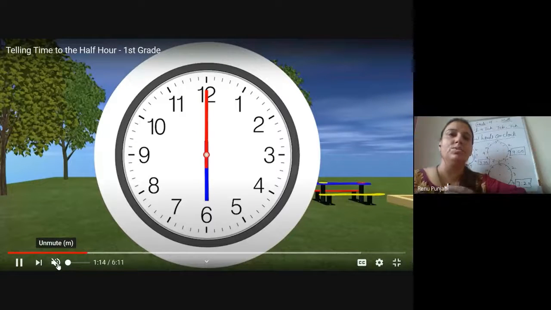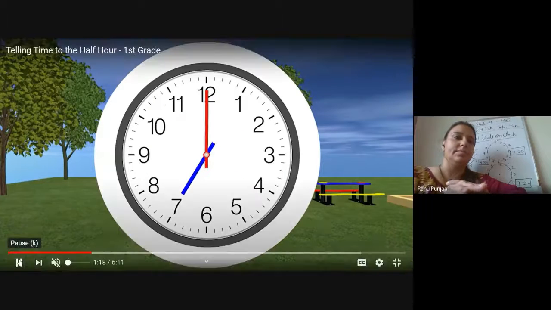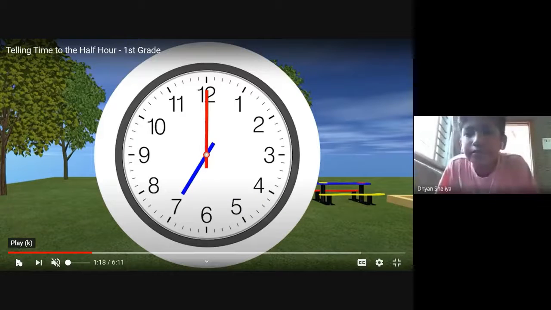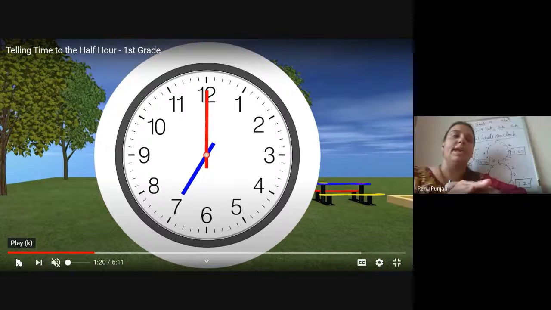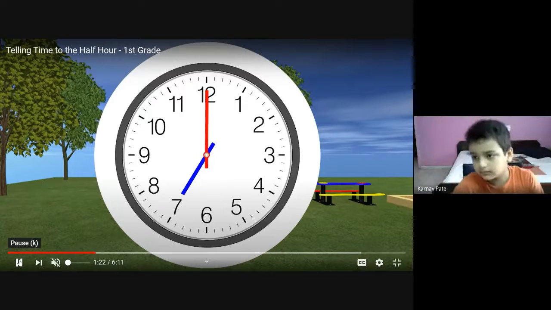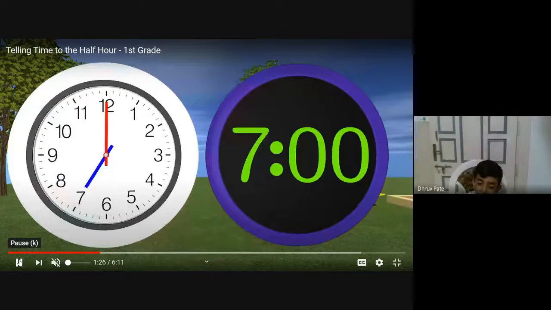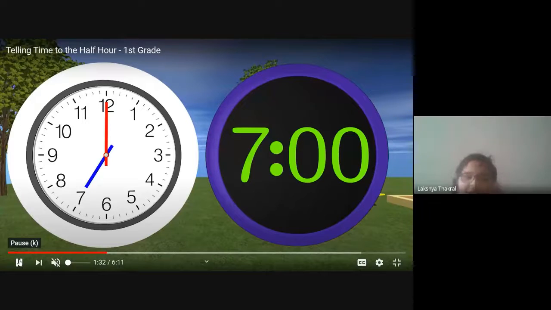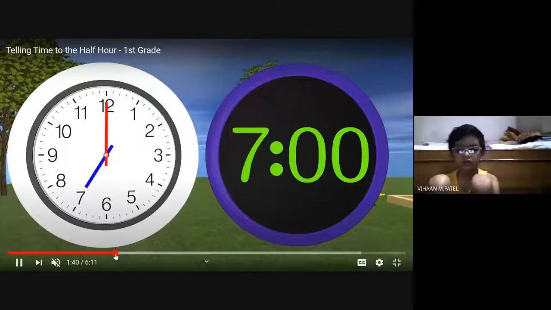See, this clock is showing what time? Now it is 7 o'clock. Wait for the next.